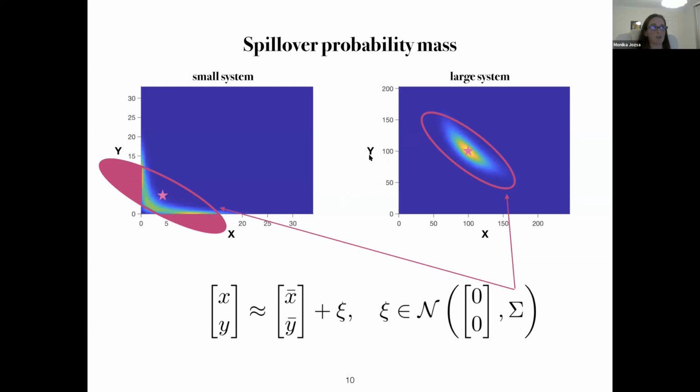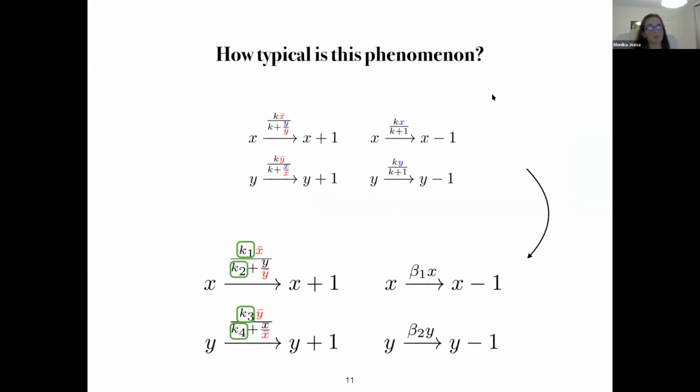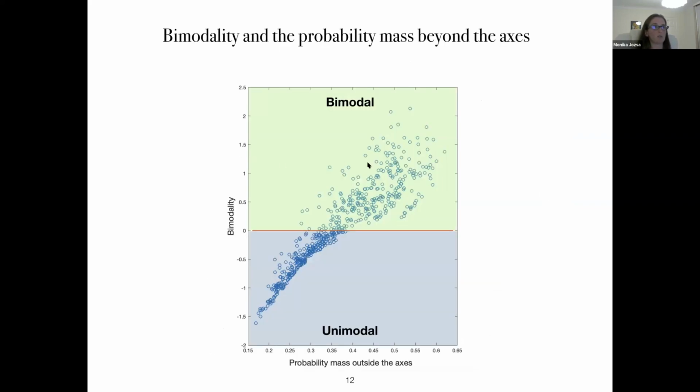So we wanted to check this for a more general class of systems. For this reason, we don't assume that X bar equals Y bar. And we also had a few more extra parameters, K1, 2, 3, 4, instead of just fixing it as the same parameter. And so we randomly generated constants.